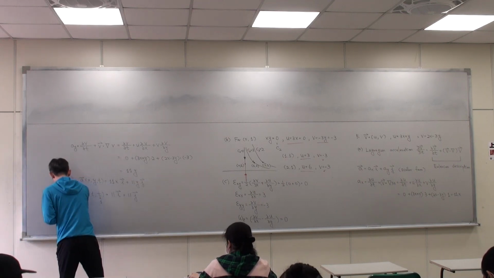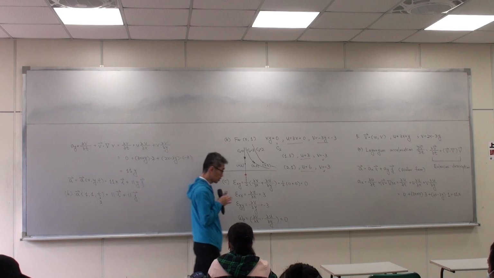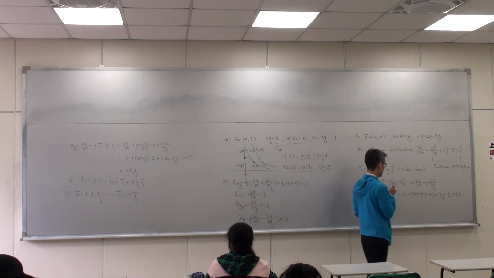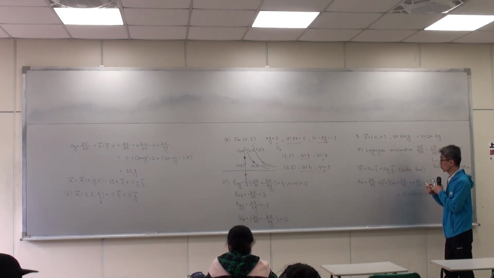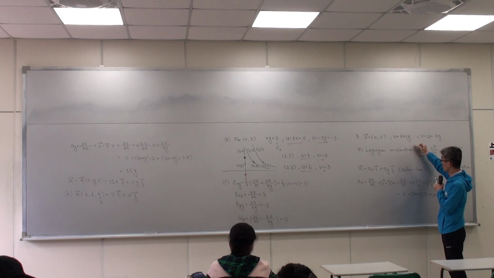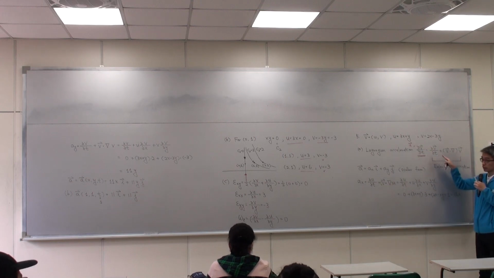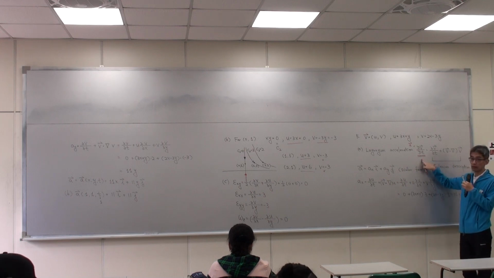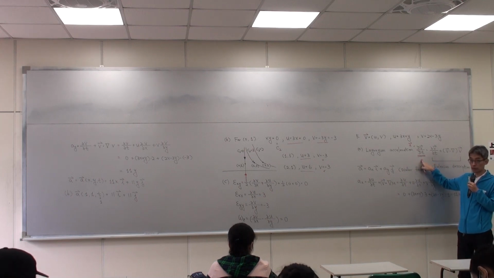Okay, so this question is also in kinematics. In the kinematics, we like to see the acceleration. So acceleration is like the velocity differential, but it's a Lagrange differential, particle differential.